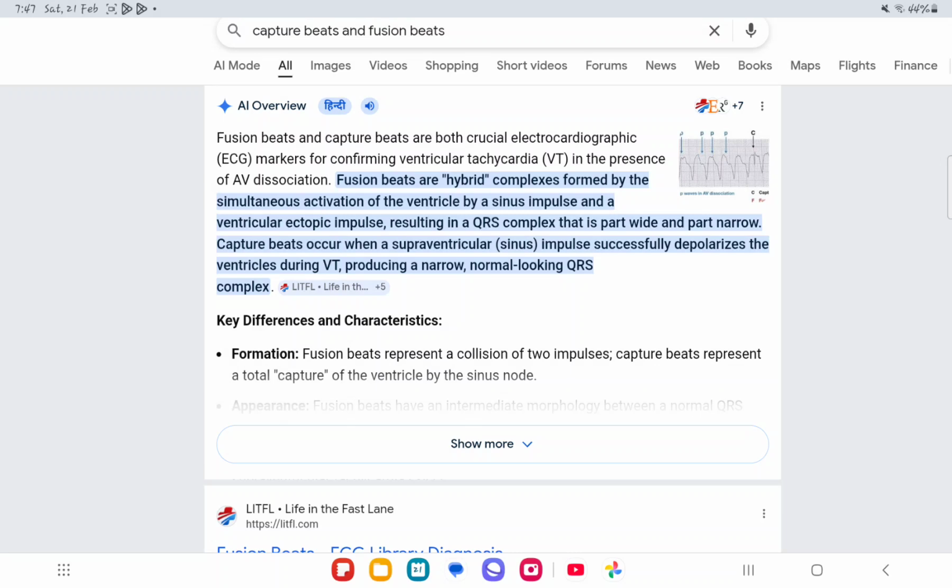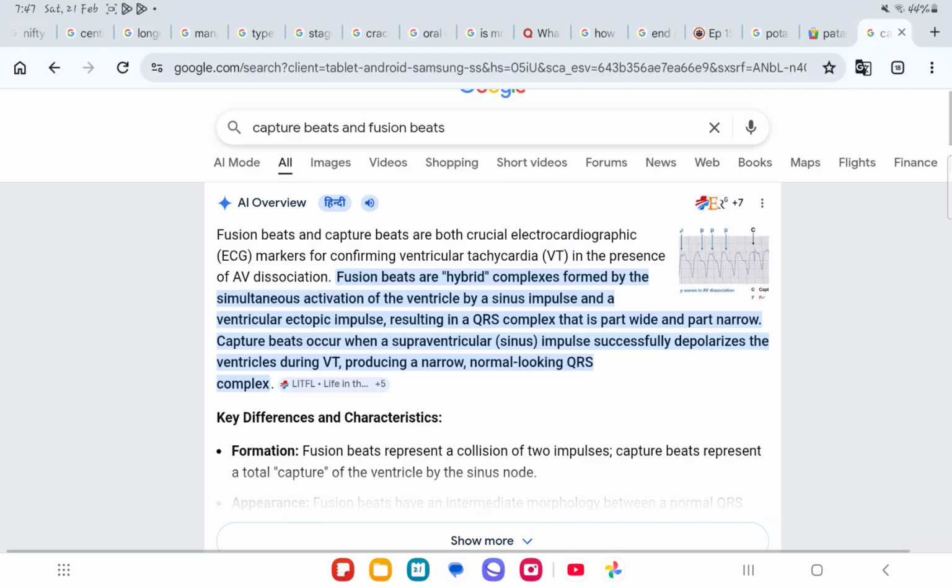The ventricle is exciting itself and contracting also, so we have wide complexes and tachycardia. But a capture beat occurs when the sinus node, which is firing anyway, successfully depolarizes the ventricle during VT, then it produces a completely normal looking QRS in a strip of VT.